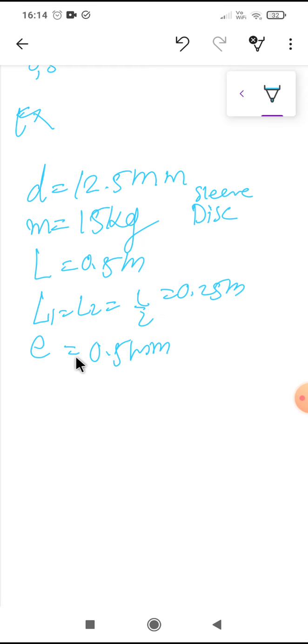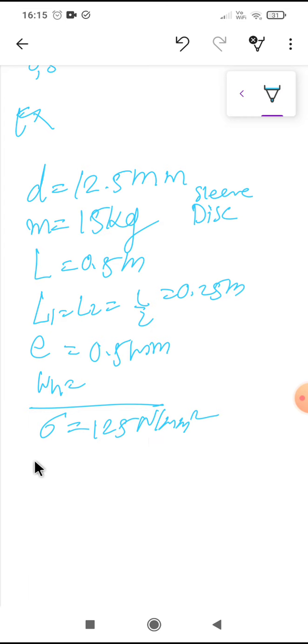Now we have to find the critical speed of the shaft, that is omega n, we are interested in finding. Another question is asked: what is the speed range in which the bending stress in the shaft will exceed 125 Newton per mm square? Assume E is 2 into 10 raised to 5 Newton per mm square.